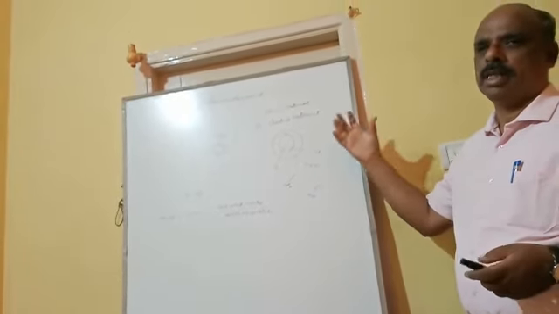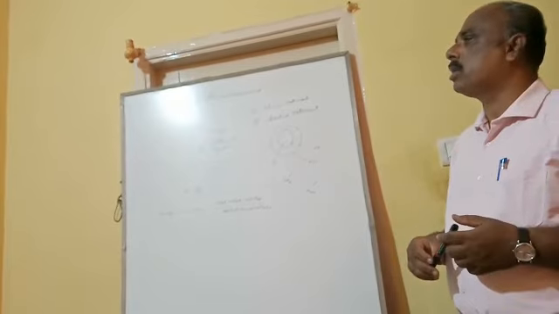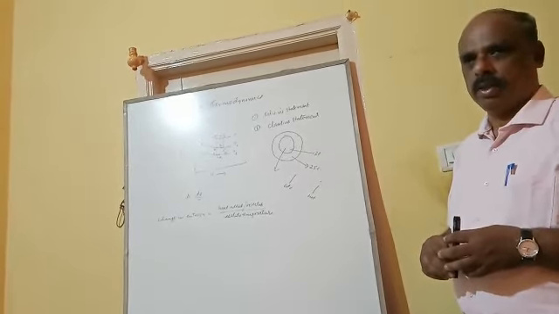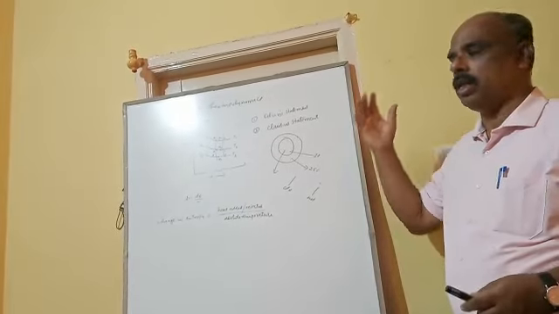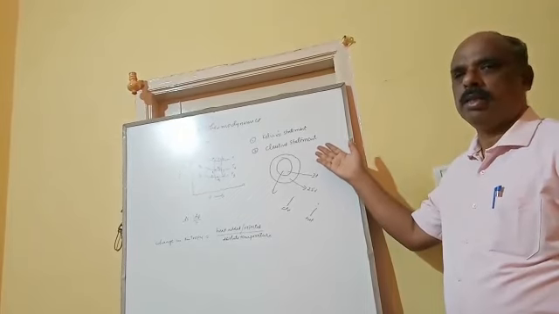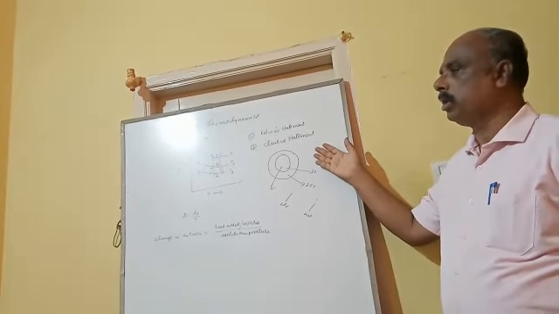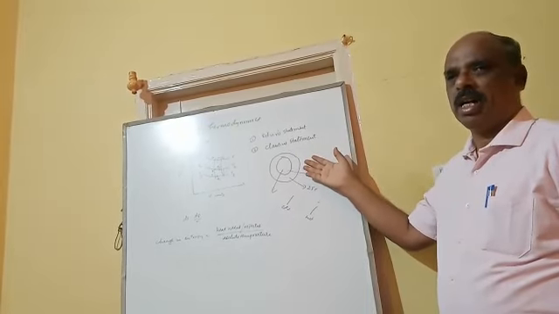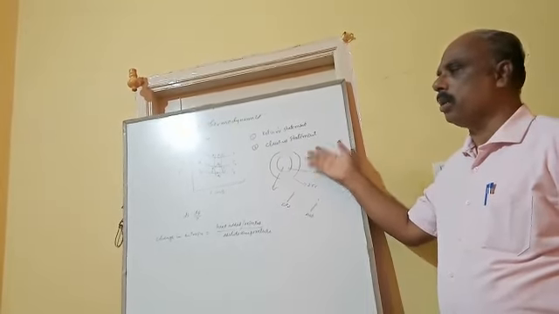This is responsible for the construction of an instrument known as a refrigerator. I explained the principle of the refrigerator in earlier classes. It is also based on this second law of thermodynamics. Because of that, you are getting your AC and all those cooling instruments.